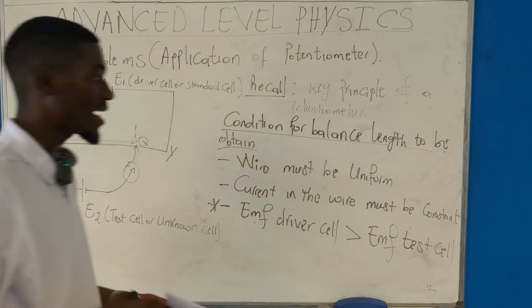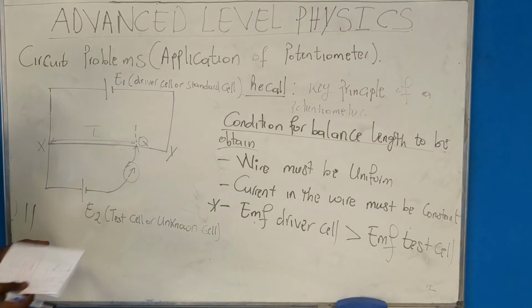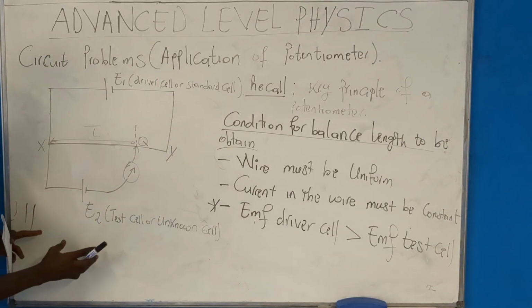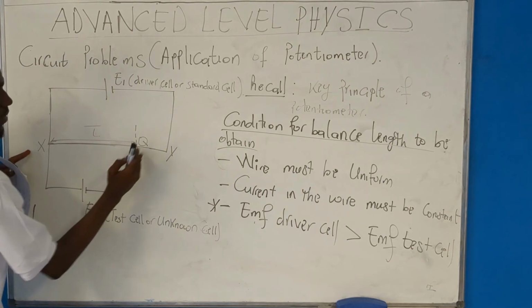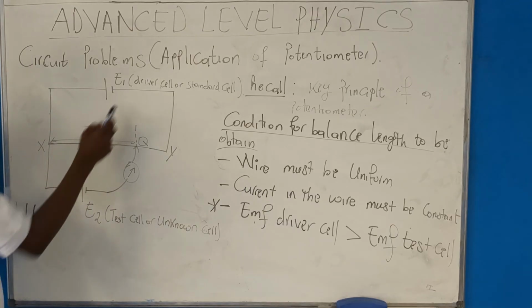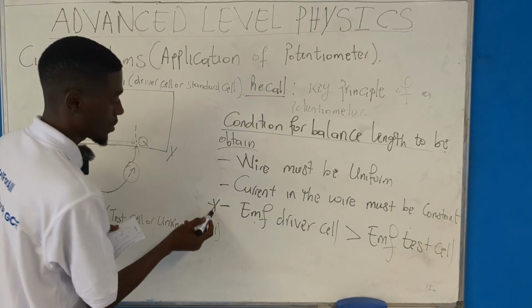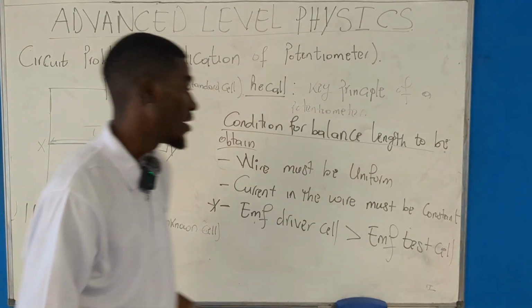Without it, we cannot find a balance point between X and Y. If the test cell has an EMF greater than the driver cell, the balance point will be out of the wire. Therefore, it is not possible. So those are the three conditions, the most important one being the last condition, for us to have a balance length.